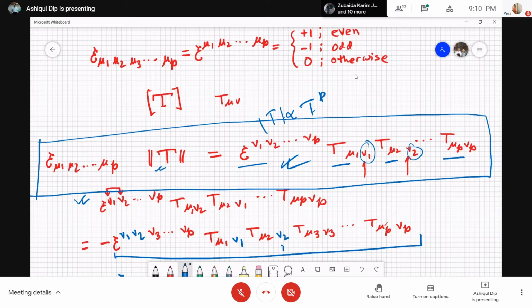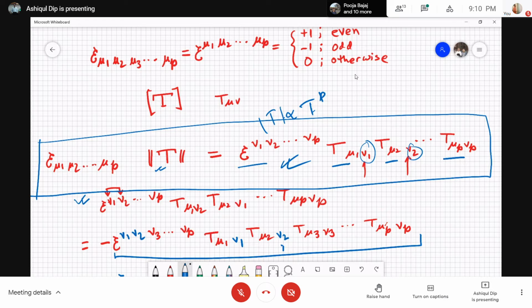Okay, so to define the determinant, you had some expansion for T, right? Determinant of T. For a p by p matrix, you can always write the determinant, and that thing has a specific structure. We are looking for that structure only, that means the properties.